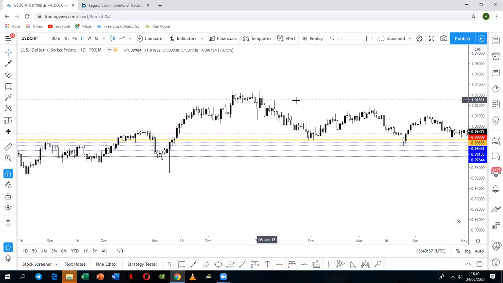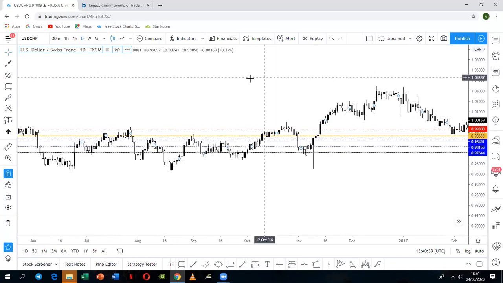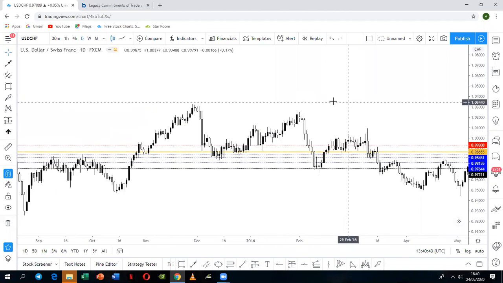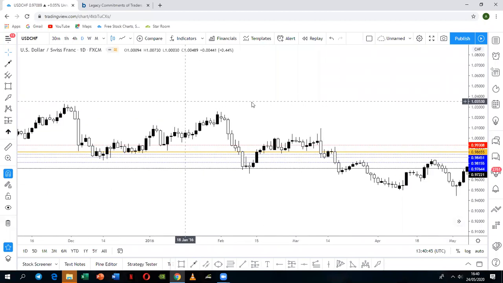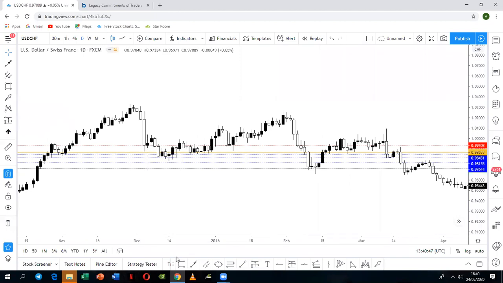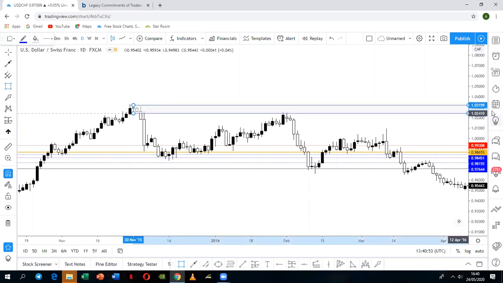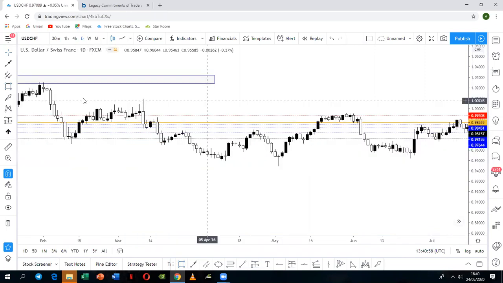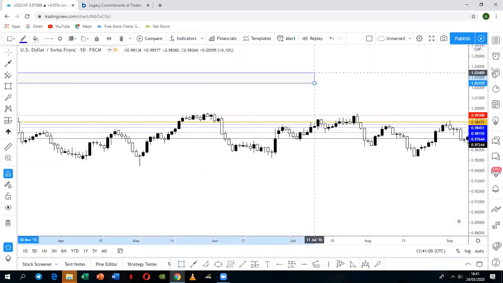We have one here. I do not see an engulfing strong candle, but I do see one here. So I like to mark this, the doji, and then I write this down all the way.